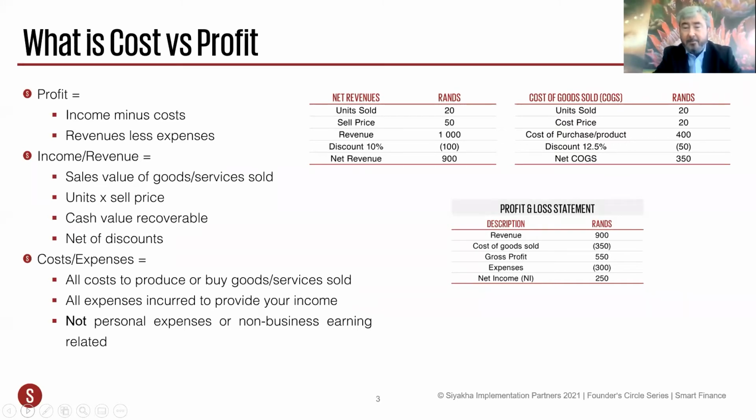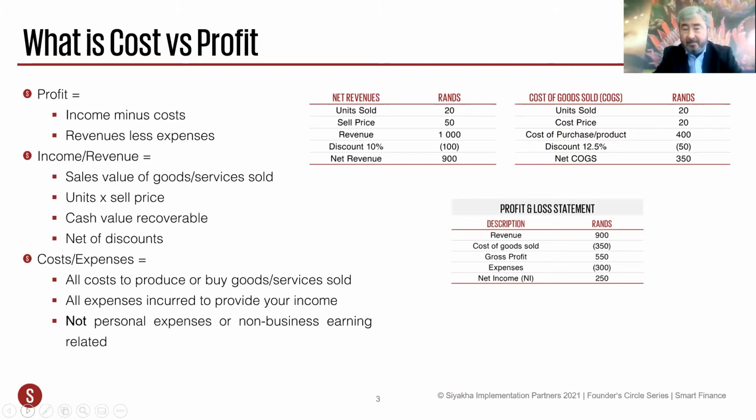And then on the other hand, how do we measure the cost of what we sell? Here we tend to focus just on the cost attributable to the product or the service. And things like other overheads don't get factored in here. They get factored in later under expenses. So typically cost then is a value that's associated with the good or service in enabling you to present that to your customer.